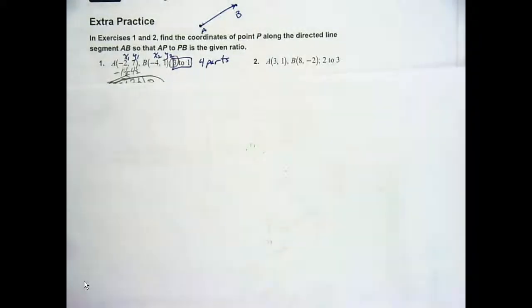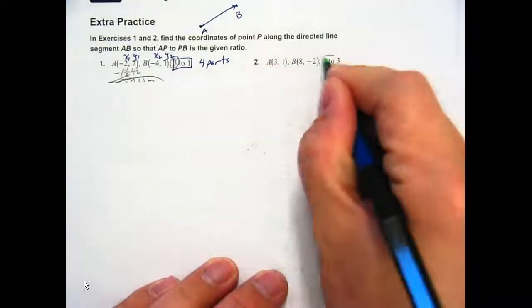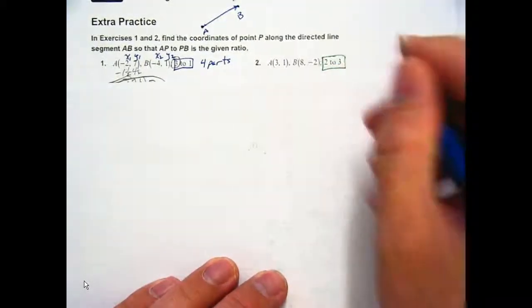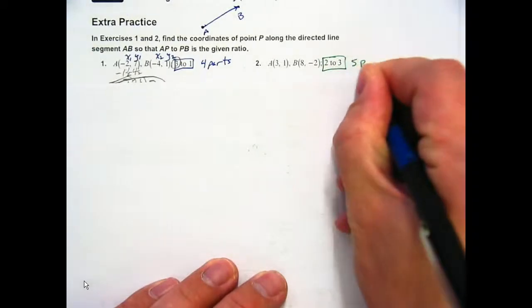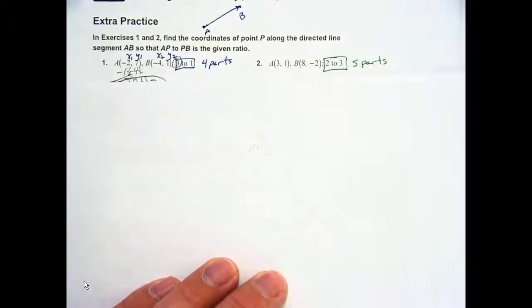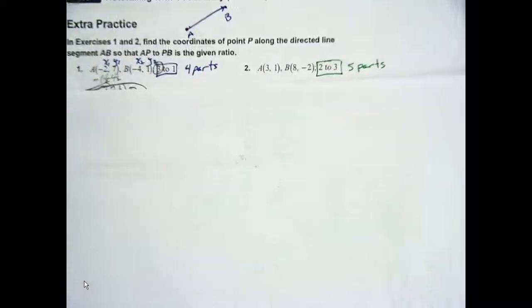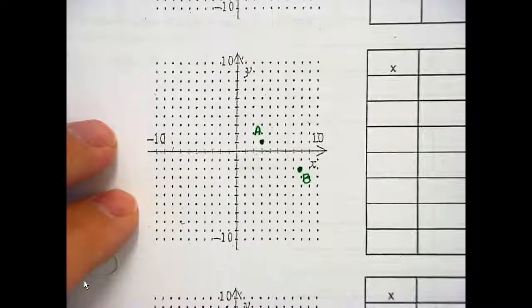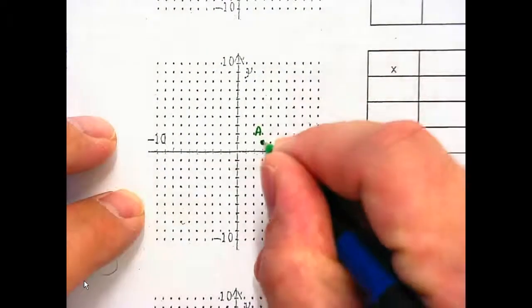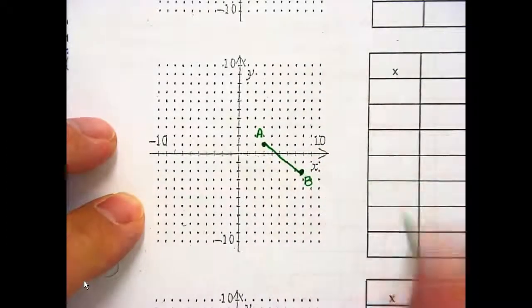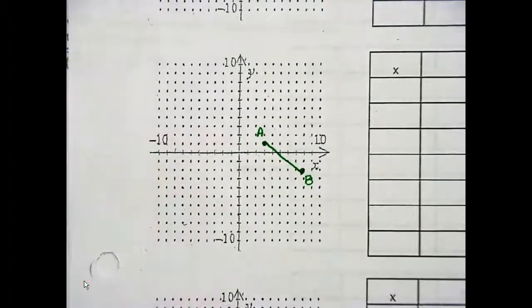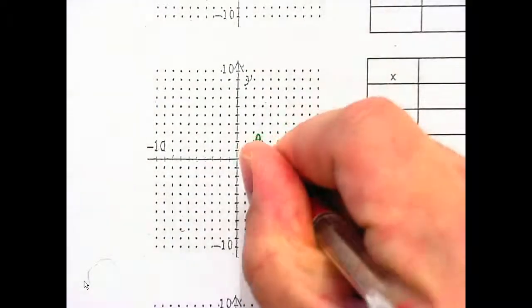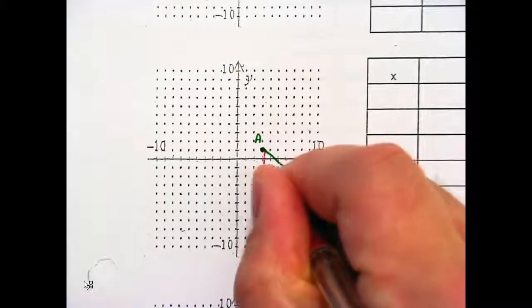When we're dealing with these directed segments, you are saying, look, we're going to a 2 to 3 ratio, which means there are 5 parts to it. Okay? And really what you're doing is you're plotting those points, and if I connected the dots, so here's A and here's B for that problem, and I started doing rise and run on this, I rise this much, and I run this much.